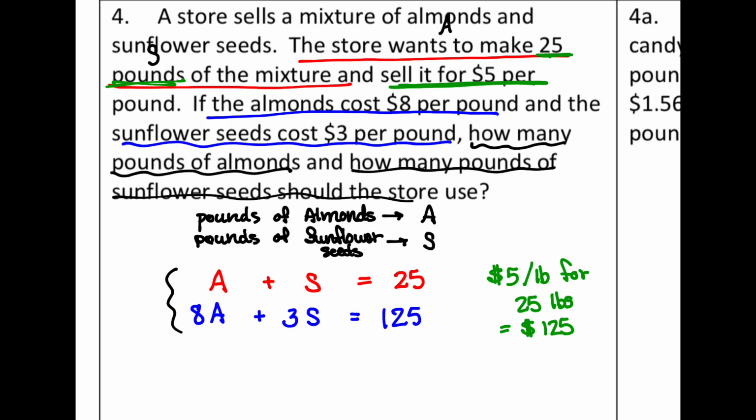All right, now let's see. I'm going to multiply the top equation by -3. So the top equation becomes -3a minus 3s equals -75. Now because it's lined up right there, could you use this new red equation with the blue equation and cancel these here?